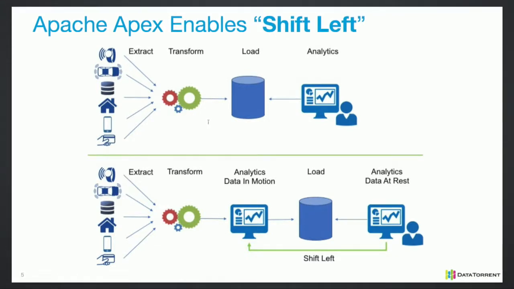Other folks in the industry have other terms for what they call it, but instead of you first receiving your data, then doing some processing, transformations, and then writing it to some kind of store, and only later you're querying that store, and you're having to build indexes on it, and then you're getting your actions, insights, and analytics, which is a lot of what you've seen probably at other talks earlier in the summit.